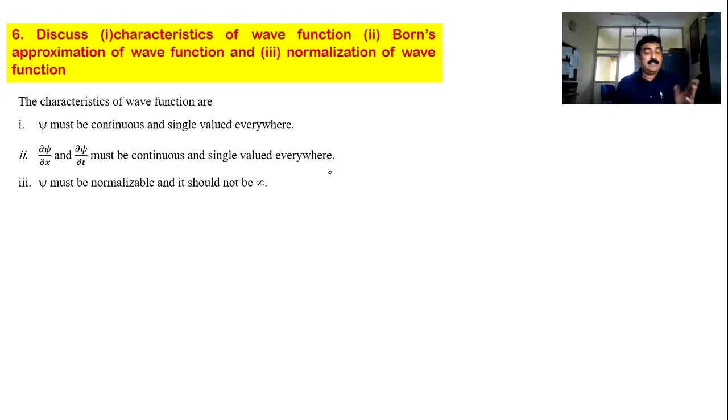Of course, the third one: psi must be normalized. I will tell you what normalization is, and it cannot be infinity. See, probability becoming infinity does not carry any meaning. Like, let us say Raghu is a student. Probability of finding Raghu in the canteen is infinity, meaningless. Probability of finding Raghu in the canteen is 100% means yes, Raghu is there. Probability of finding Raghu in the canteen is 0%, yes, Raghu is not there.